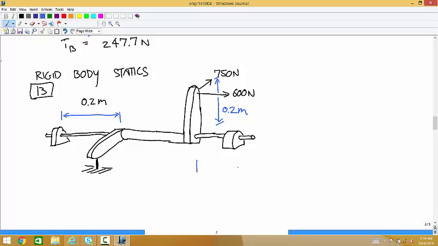The distance between these 2 points is 200.